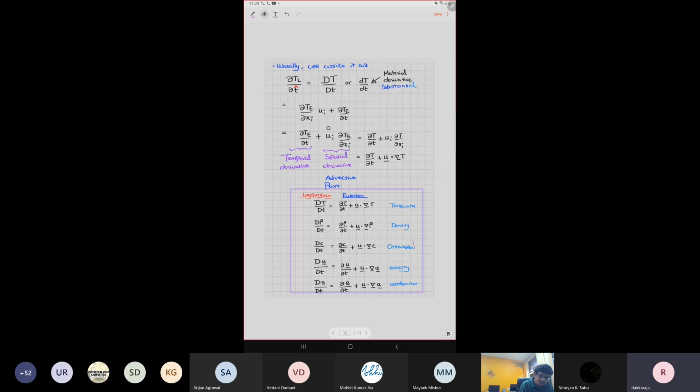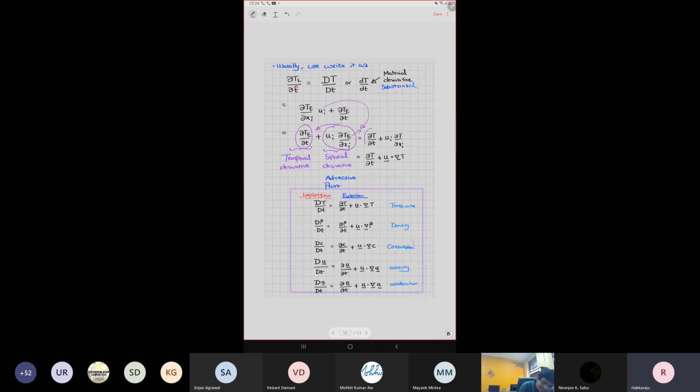Now, I'm just rearranging this. Bring this one first, bring this one second. So del Te by del T plus ui del Te by del Xi. I always measure my Eulerian fields. I won't measure Lagrangian. I can calculate Lagrangian, but I measure Eulerian. Then I can omit the E also.